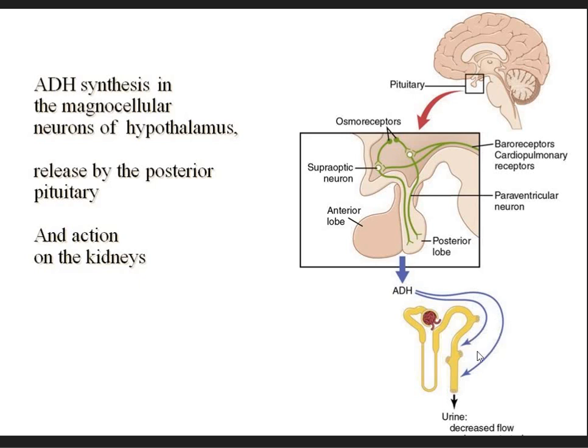So these are the places where ADH, antidiuretic hormone, is liberated, and as its name indicates, it is antidiuretic. It prevents diuresis. So it will cause reabsorption of sodium and water and prevent the diuresis.